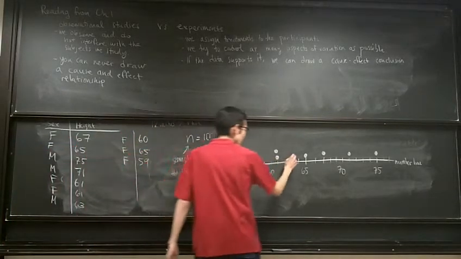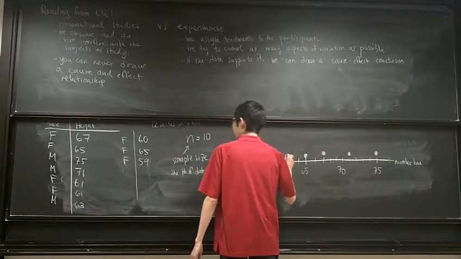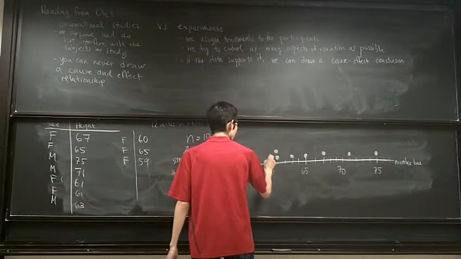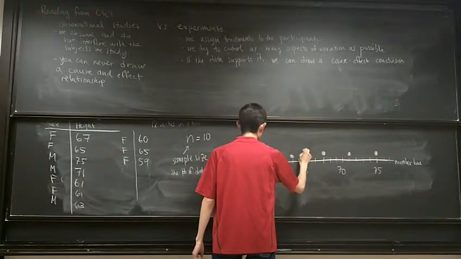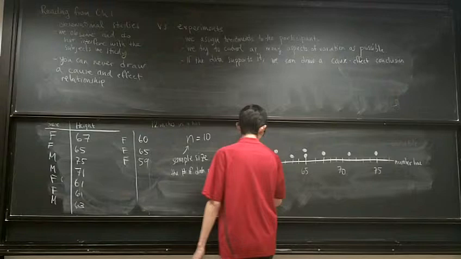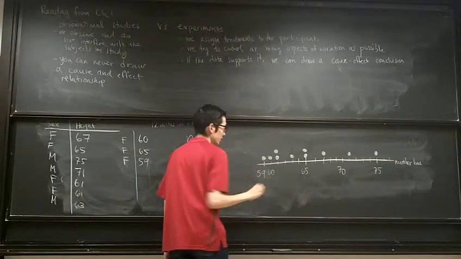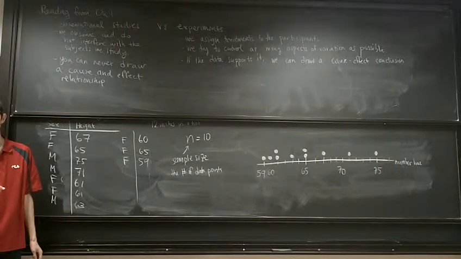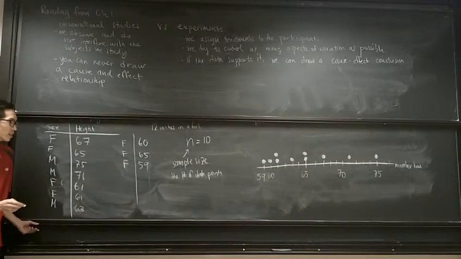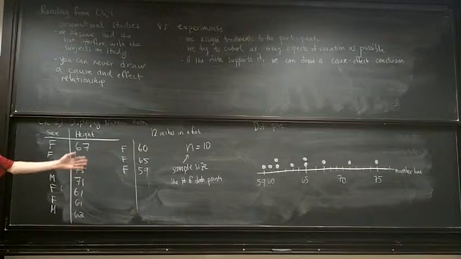Okay, then I've got a dot at 63, a dot at 60, another dot at 65, and a dot at 59. Is that what all of our dot plots look like? Yeah. Okay, great. So I've got 1 dot for each student.